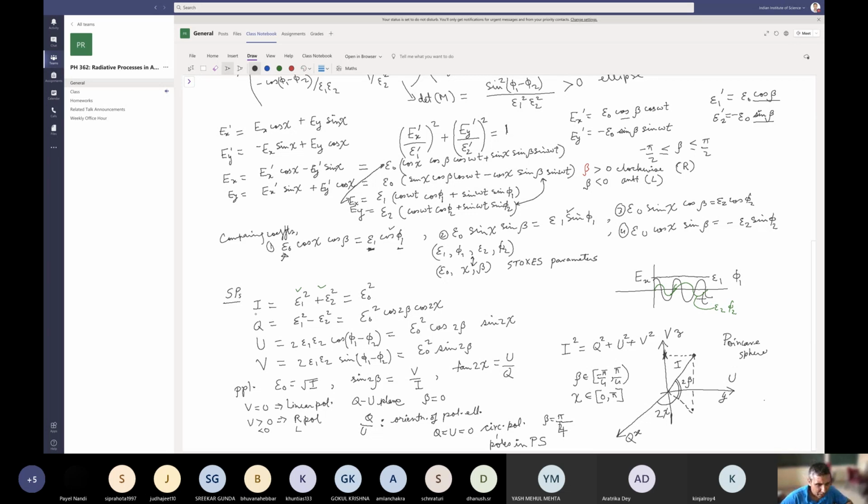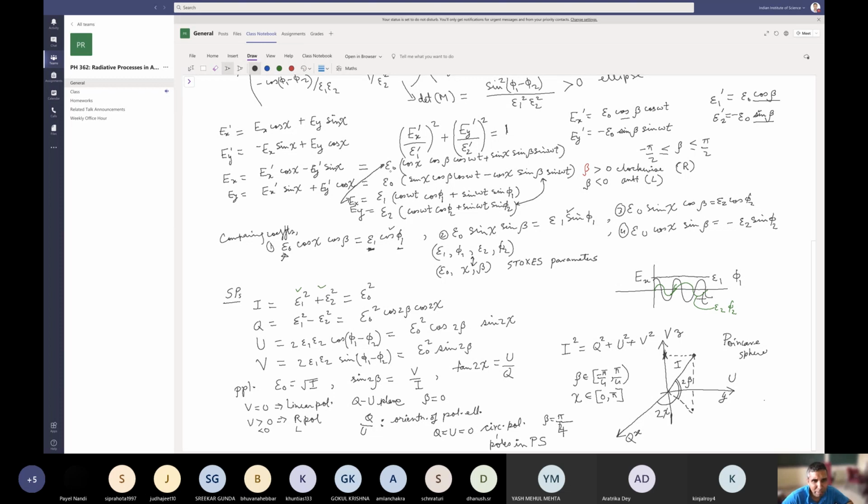Okay, this is I, Q, U, V. These are called Stokes parameters: intensity, Q parameter, U parameter, and V parameter. If we introduce these parameters, they are related to the electric field amplitudes in this way.